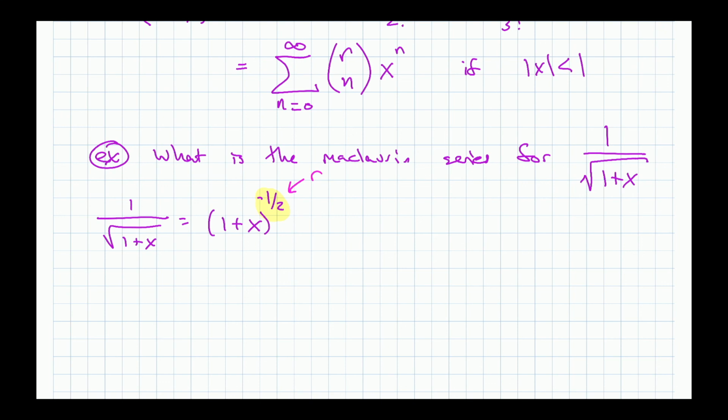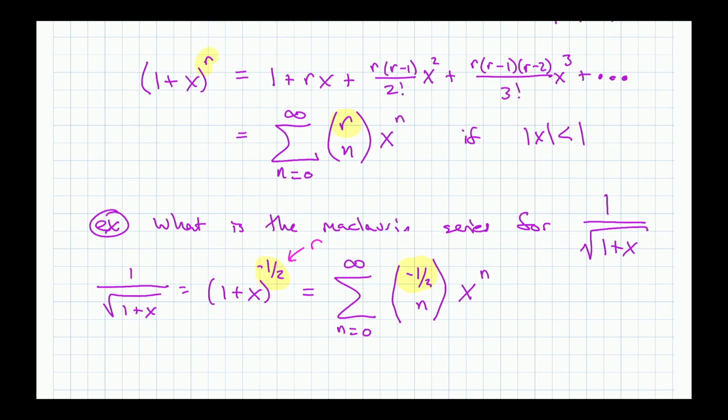And then that tells you that you know the formula. It's going to be the sum from n equals 0 to infinity of r, which is negative 1/2, choose n, x to the n. So this much is easy, right? You're just filling in the r here. You figured out the r, it goes right there. So that much is easy.